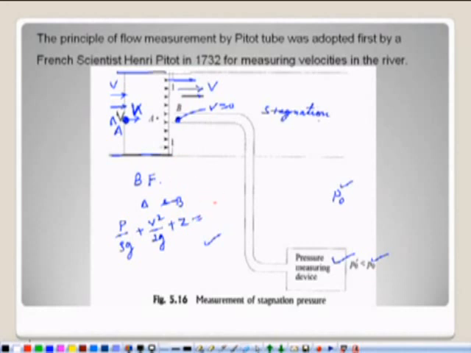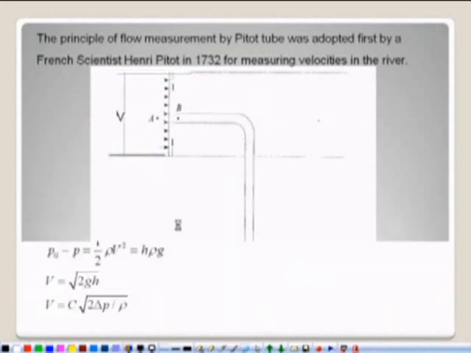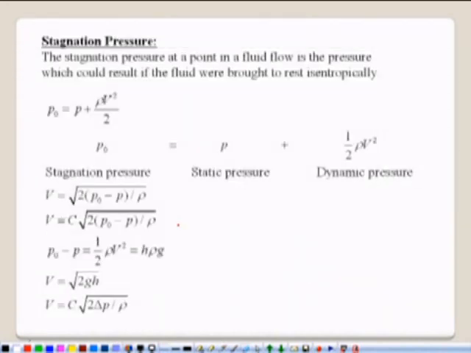At point B, what is the pressure? Pressure is P naught divided by rho g. This P naught is the stagnation pressure and this P is the static pressure at point A, right. We have to keep this in mind. And what is the velocity here? Velocity is 0, and potential energy, since it is situated on the same horizontal line, is z. So z can be cancelled, and the Bernoulli equation between point A and point B can be written in this manner.